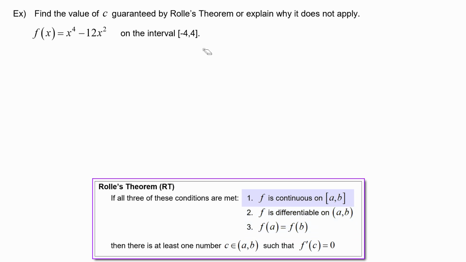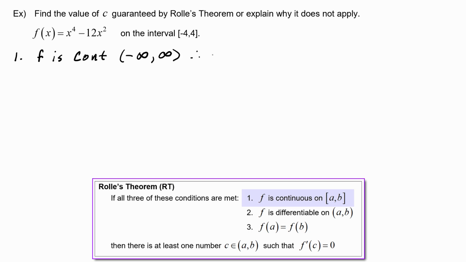So first we have to know that f is continuous on the closed interval from -4 to 4. Now because f is a polynomial, we know that f is continuous everywhere from -infinity to +infinity.